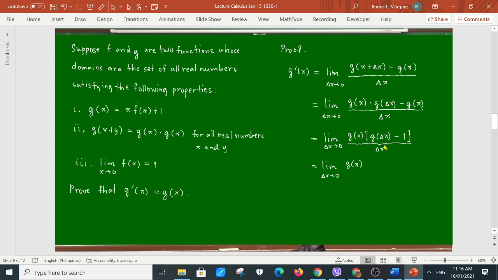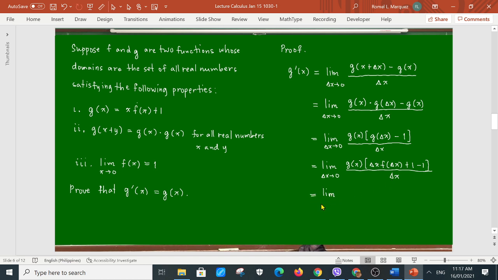My x here is delta x, so g of delta x is delta x times f of delta x, plus 1. Then minus, so I still have minus 1 here, over delta x.